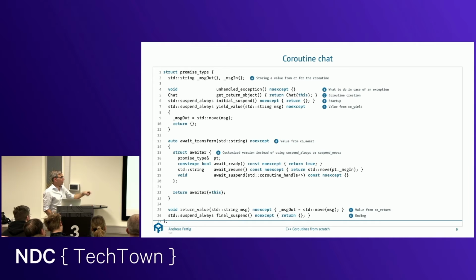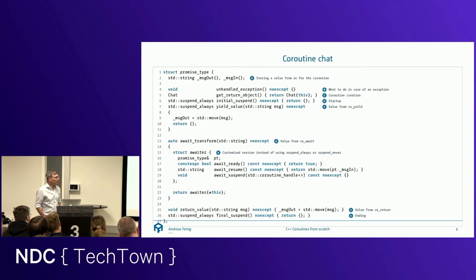And for await_ready, I say always true. Await_resume means it's called once the coroutine gets resumed. So at this point, I need to get a value out, and this is where I'm moving msg_in out. So I'm returning a std::string here, and the await_suspend here takes a coroutine handle. We will see an example of that later. Currently, I'm not interested in storing the handle from the coroutine that paused me, but there are use cases when we want to do that.